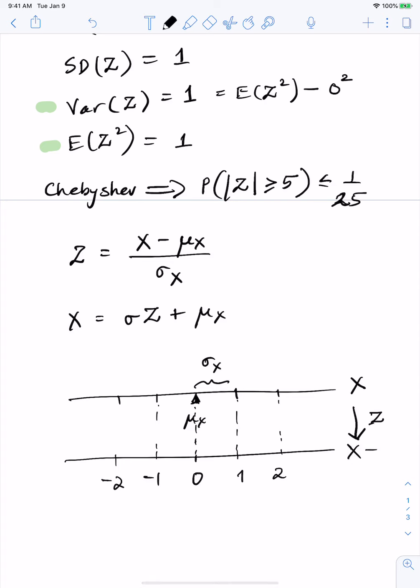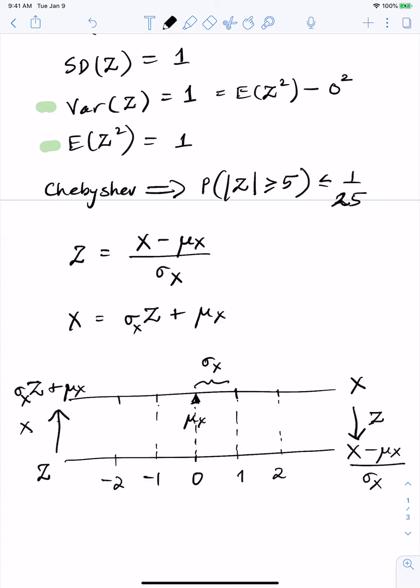You take x minus mu x over sigma x. And what you do to get back, that's Z. To get back to X, you do mu x plus sigma x times Z, Z standard deviations above the mean.